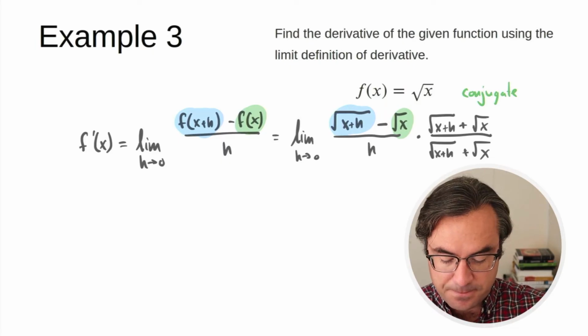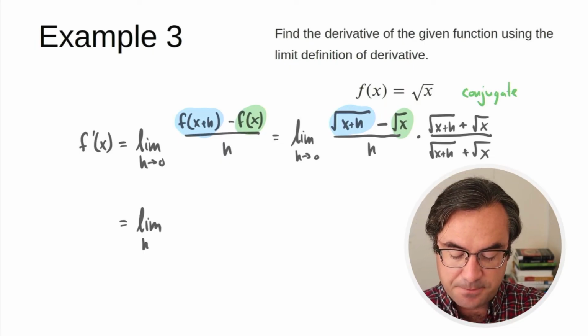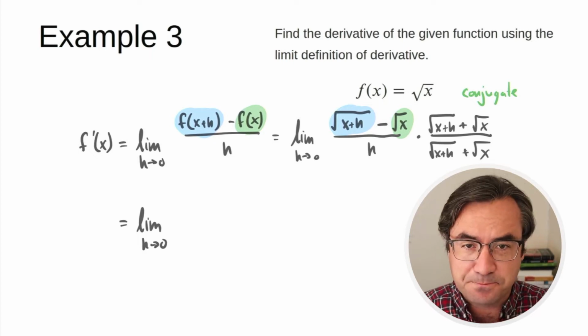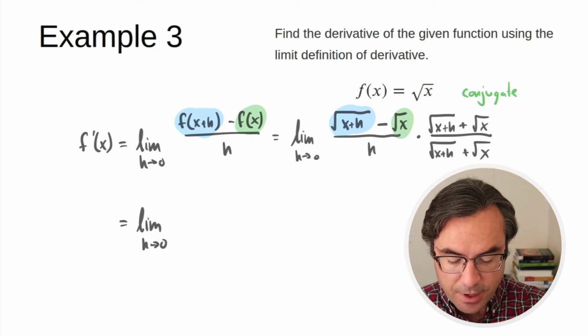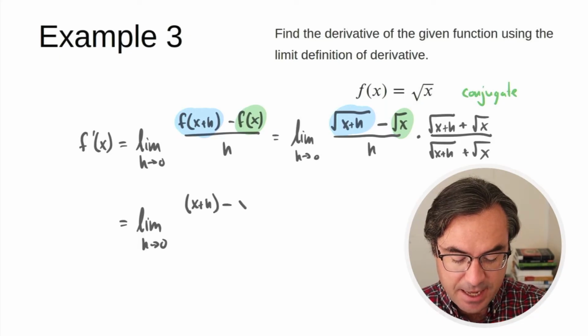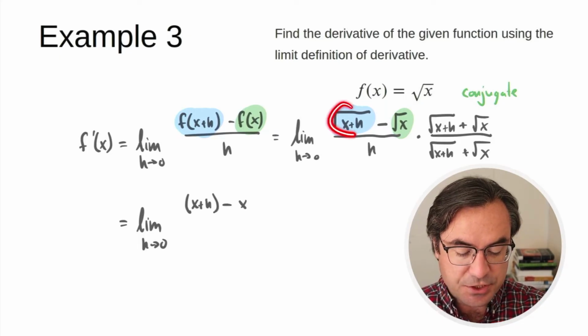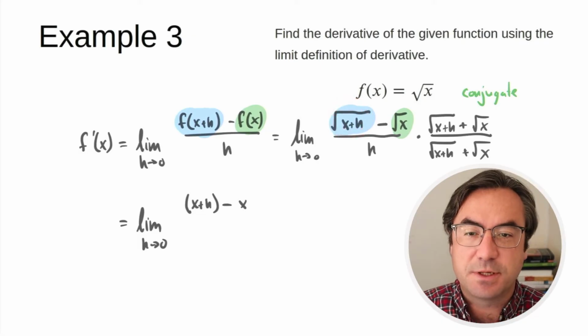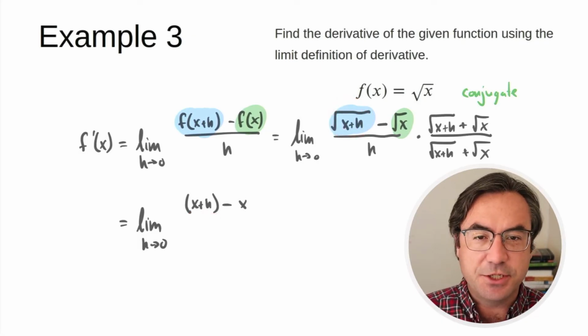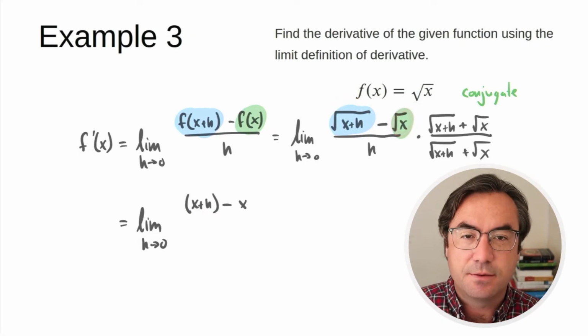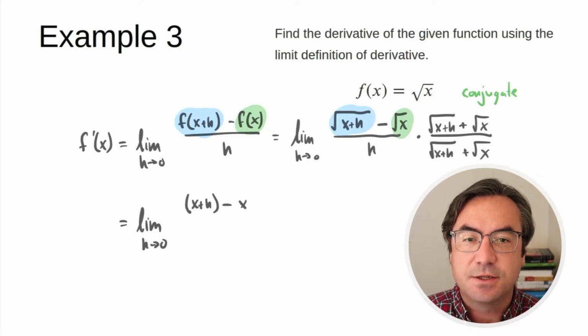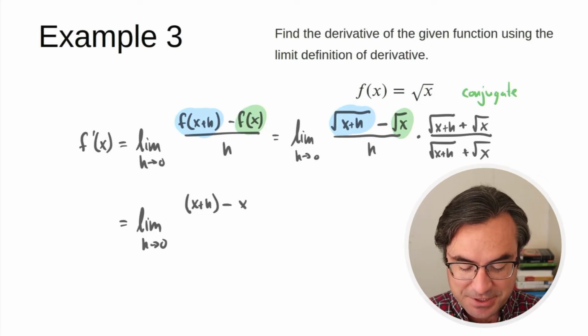So if we write that out, we're going to have still the limit sign. h is still going to 0. In the numerator, we're going to have x plus h minus x. When we square the square root of x plus h, we just get regular x plus h, and when we square the square root of x, we just get x.